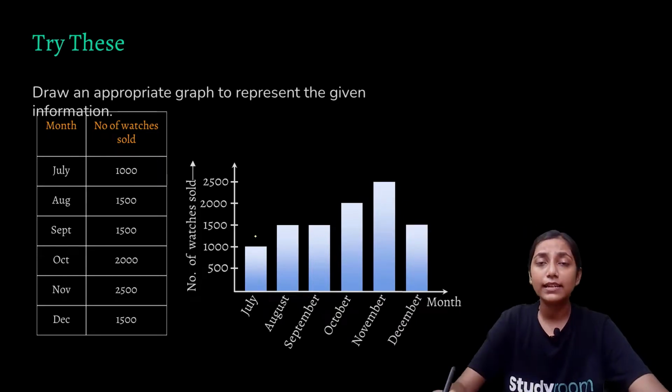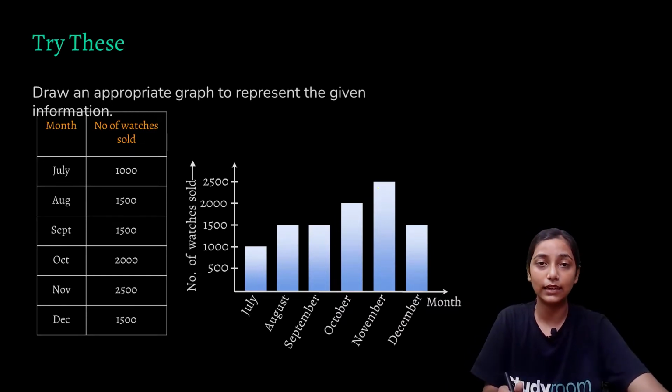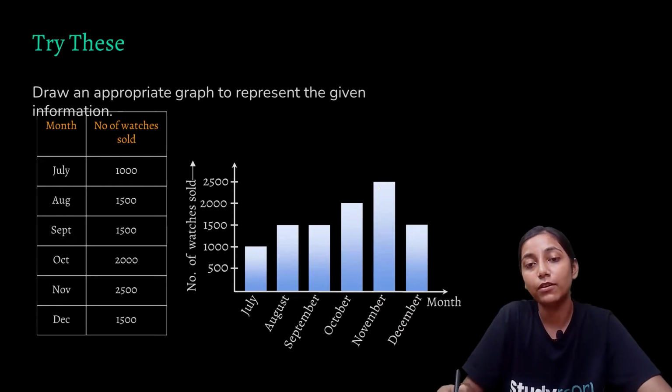So this is very simple to draw. You just need to represent both of these values on the x and the y axis, write the values using the same scale, and then draw their heights corresponding to the given values. So this is how we can represent this information in the form of a bar graph.